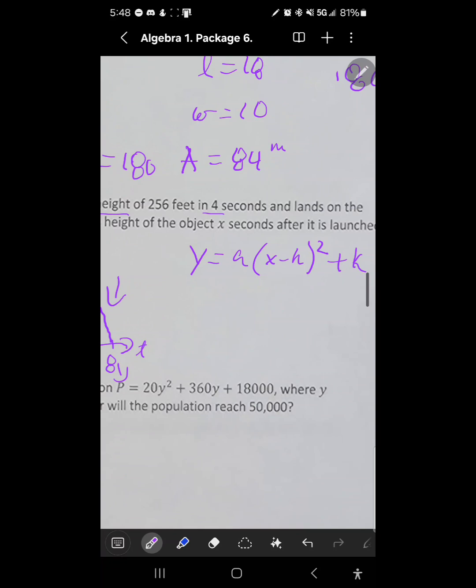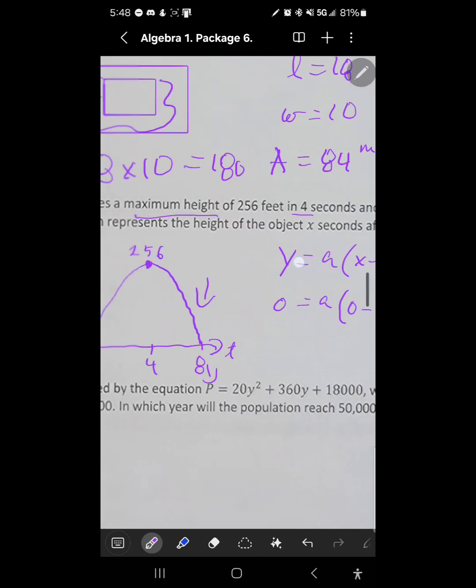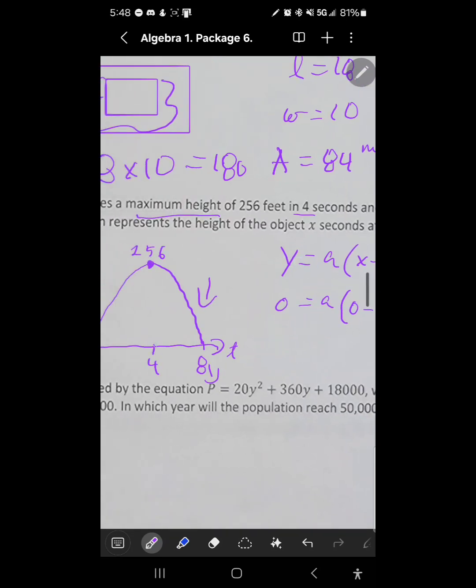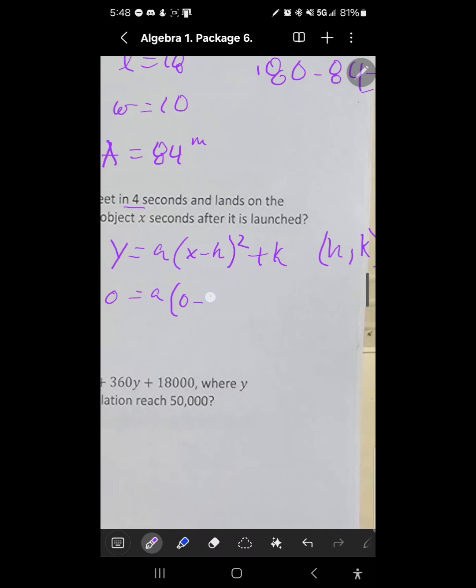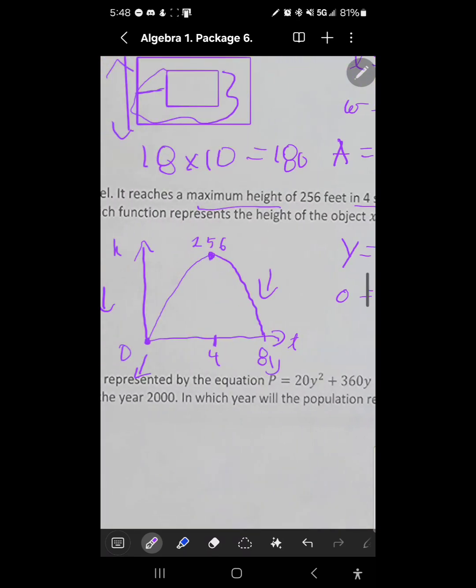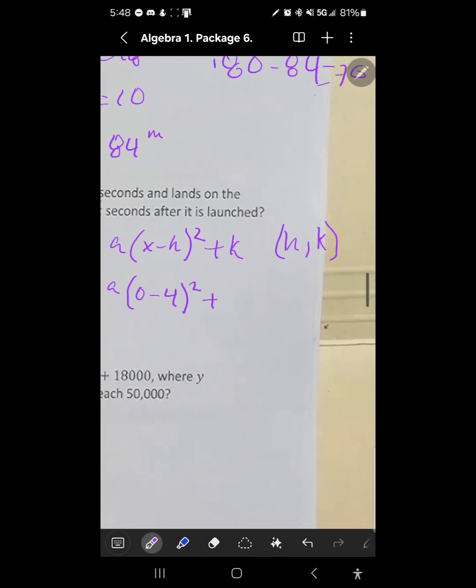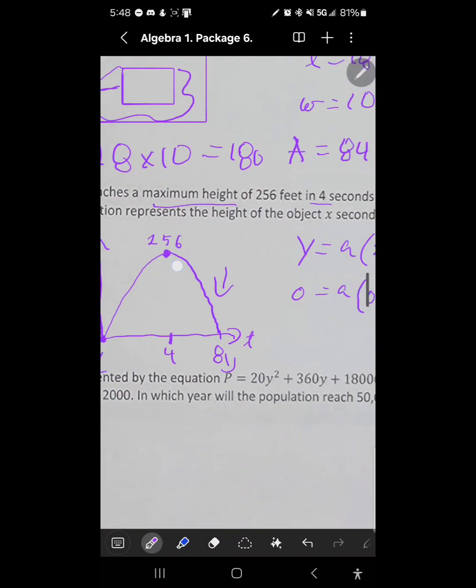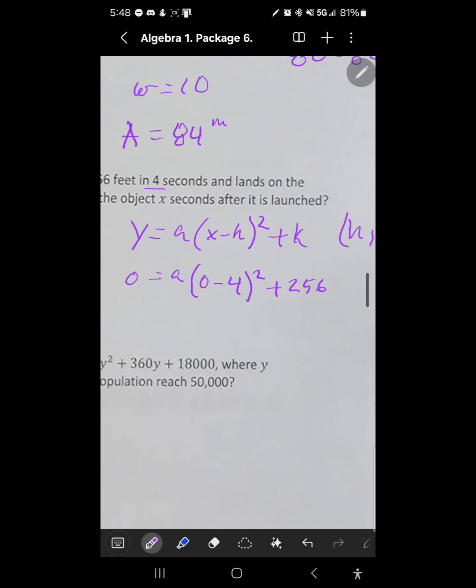So if we substitute our values, we're gonna get 0 for y equal a times 0 for x, then minus, or x of our vertex is 4, minus 4 squared plus our highest value is 256, or y value. We start solving, we can subtract 256 from both sides.